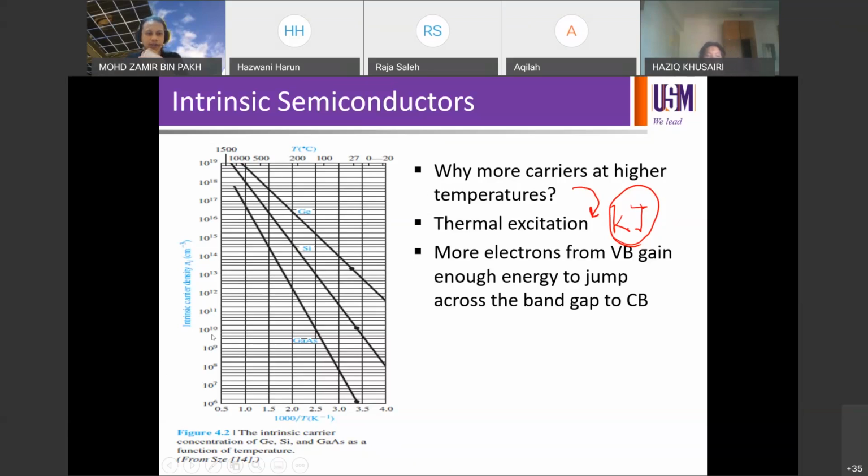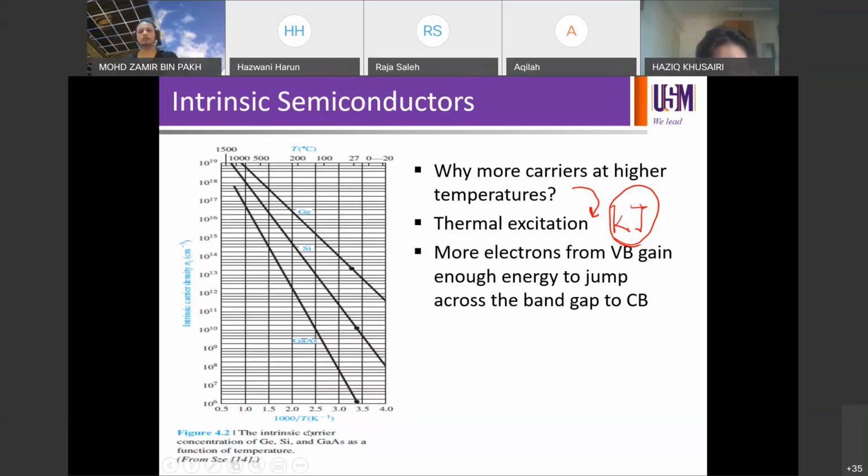You can see this in the graph here on the left. Intrinsic carrier concentration is on the y-axis, and the x-axis is the reciprocal of temperature, not temperature, because it is 1000 divided by T. So you will see the inverse of temperature. In this graph, if you increase the temperature, are you going to the right or to the left on the x-axis, 1000 over T?